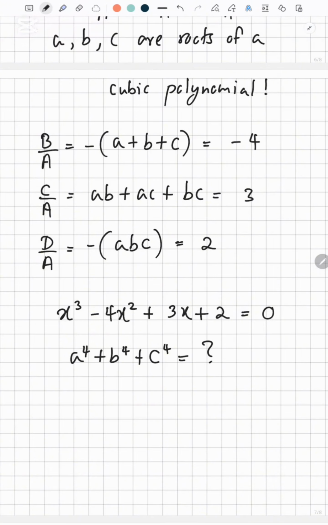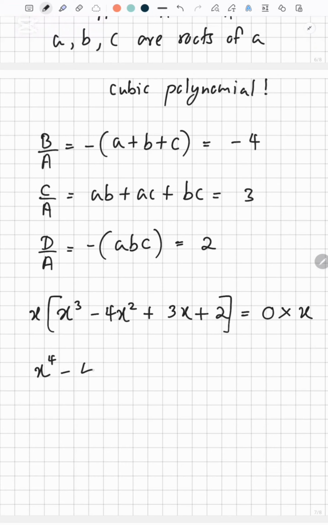So what I'm going to do is multiply this cubic polynomial by x on both sides. So that gives you x to the power 4 minus 4x cubed plus 3x squared plus 2x equals 0, right?